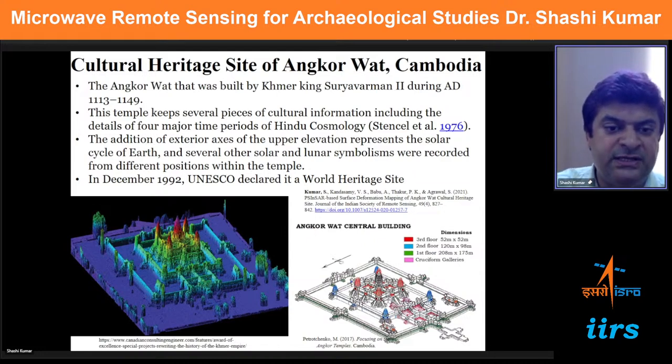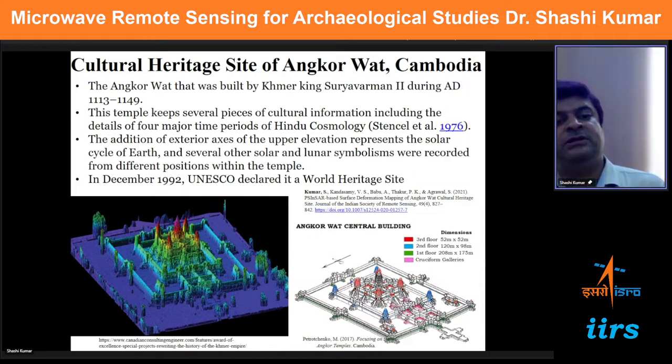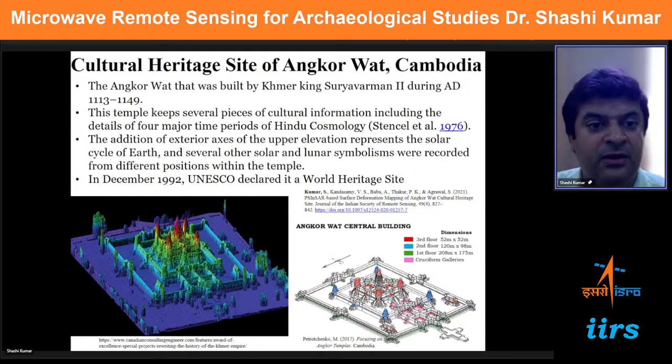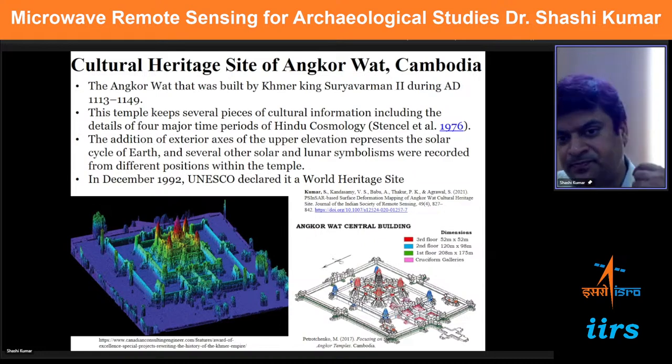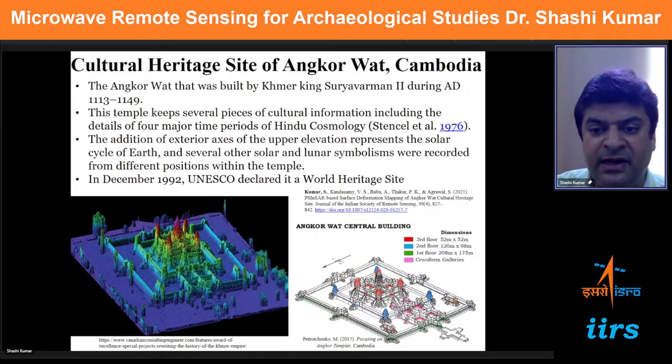So all the distances represent different time periods of Hindu cosmology. And the addition of the exterior axis of the upper elevation represents the solar cycle of the Earth, coming to approximately 365 hasta. There are several other solar and lunar symbolisms recorded in this temple campus. And in 1992, UNESCO declared this a World Heritage Site.